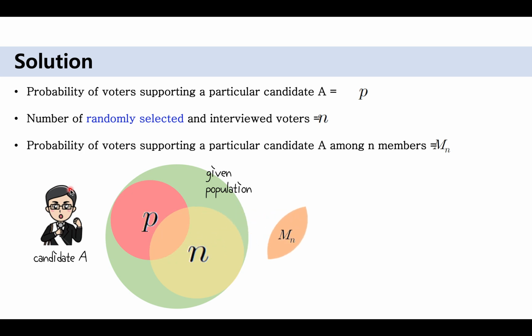And we can think of Mn as an estimate of P. Now let's see the properties of Mn.